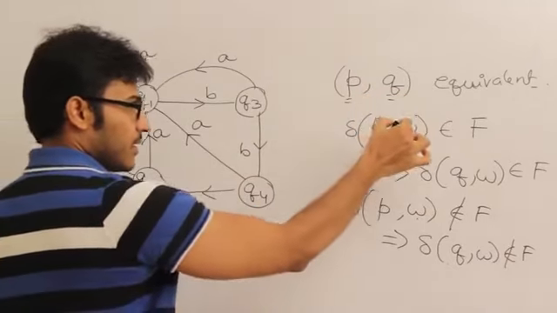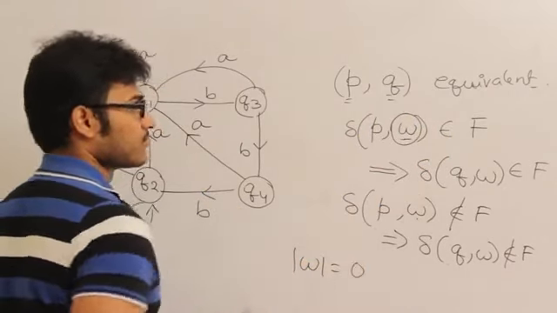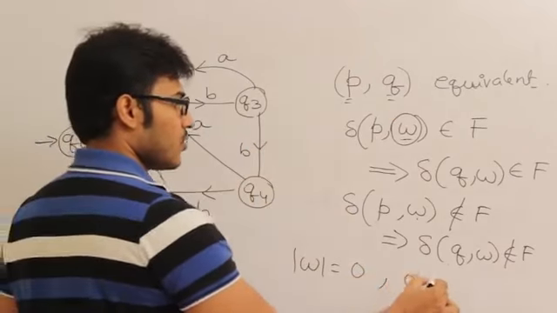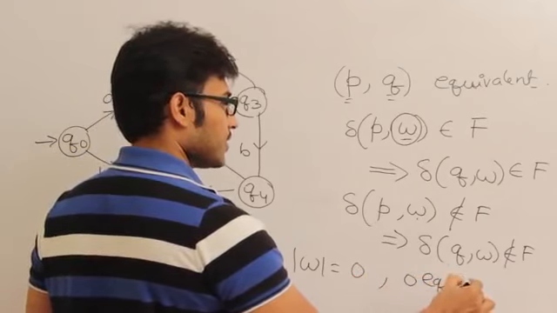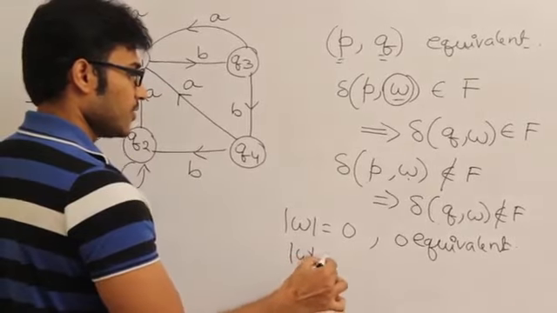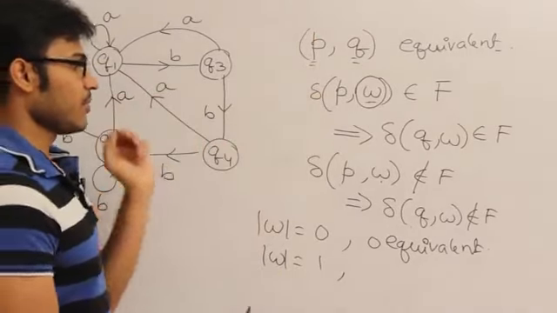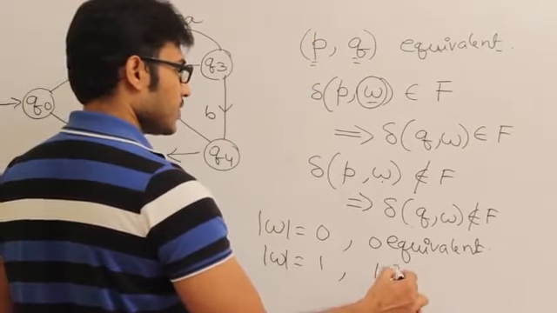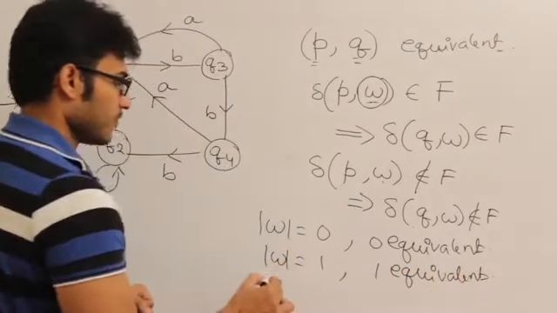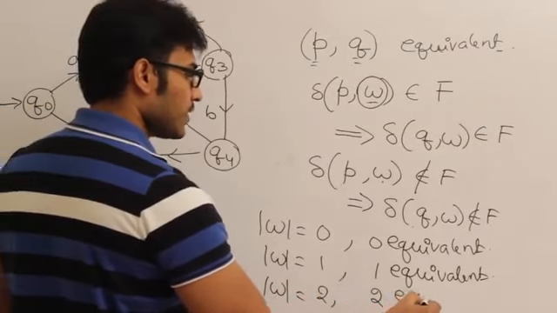If length of W, mod W, is 0, then both states P and Q are called 0 equivalent. If length of W is 1, which means if I see a single symbol and they follow this property, then I can say that both states are 1 equivalent. If length of W is 2, then both are 2 equivalent.